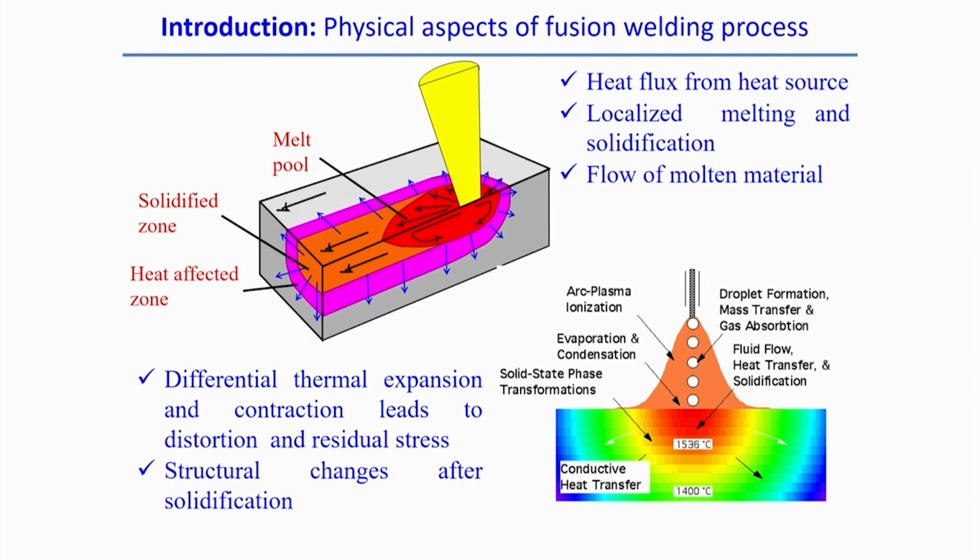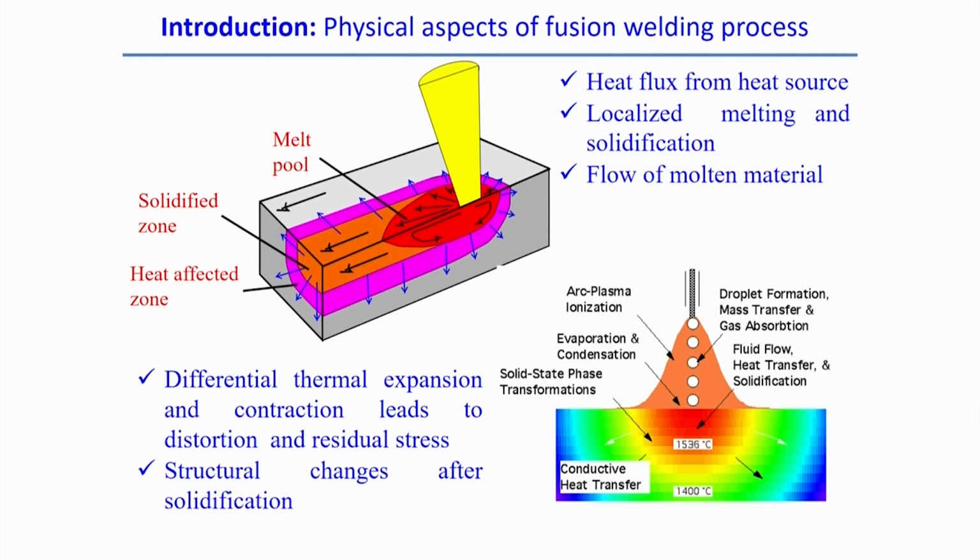Inside the domain, at the solid liquid interface, the heat is conducted away towards the solid domain, and finally when it comes to the surface, there is heat loss by convection and radiation. So, all these physical aspects are involved in the welding process.